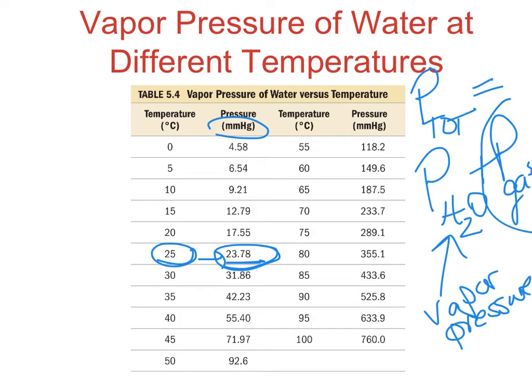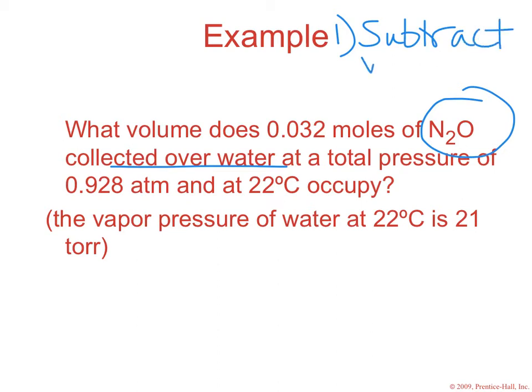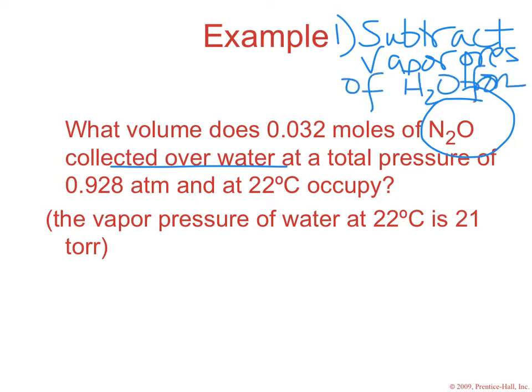So let's go ahead and do that. Here's an example. They are collecting dinitrogen monoxide gas. They're collecting it over water. So that means the first thing we need to do is subtract the vapor pressure of water from the total pressure, which is the atmospheric pressure.